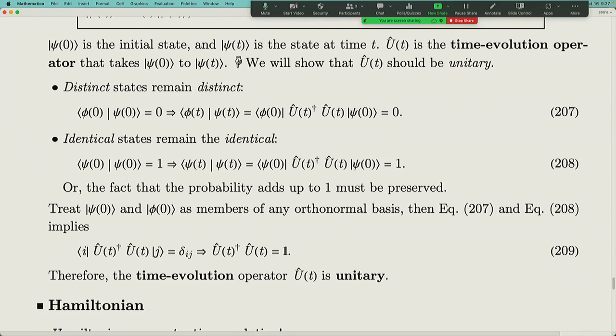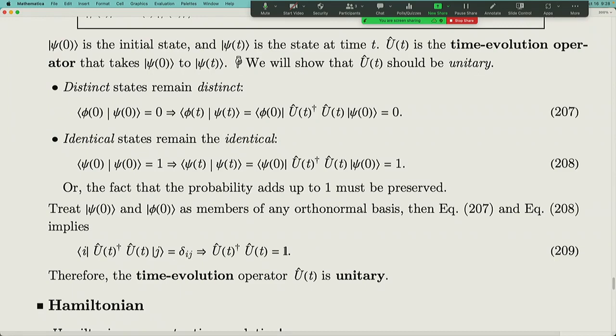And then the same state is also normalized. So starting from an orthonormal basis like i and j, if you treat them as initial states under the time evolution, they satisfy this condition: without this unitary in between i and j, the scalar product between them is already delta ij, right? So that satisfies these two conditions.